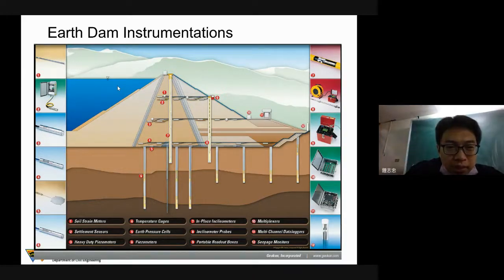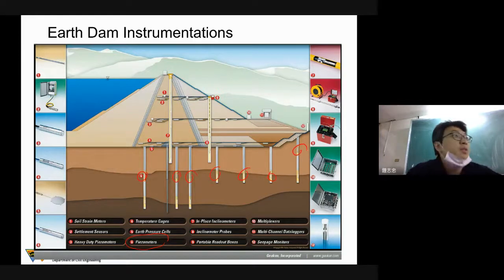Okay, I would like to show you the first one, the piezometer, number 6. Okay, so this is the piezometer. Sometimes we can put it inside of this area.